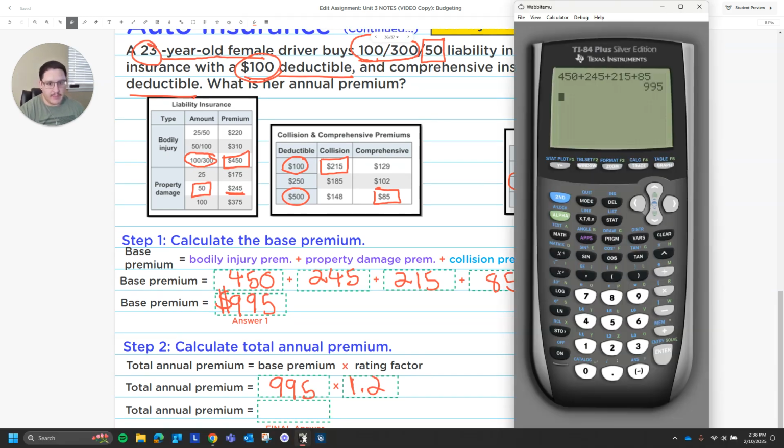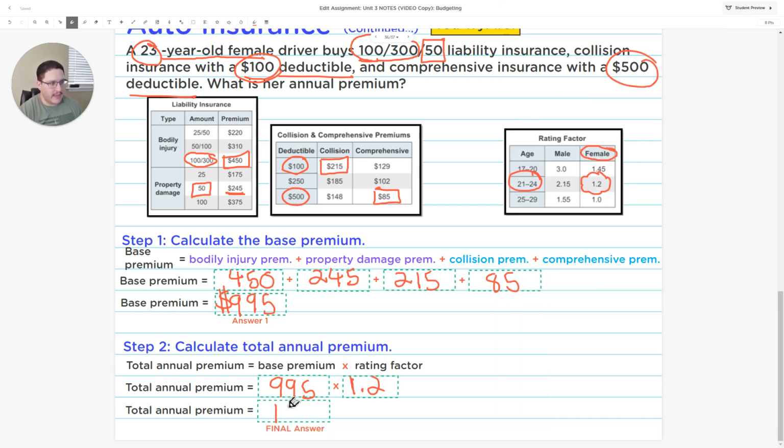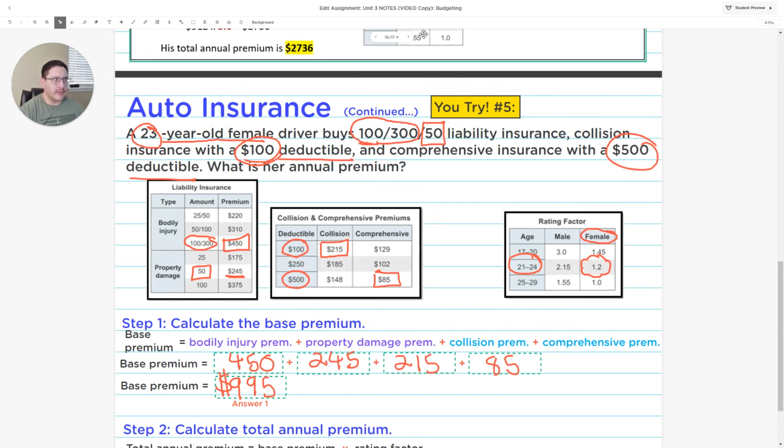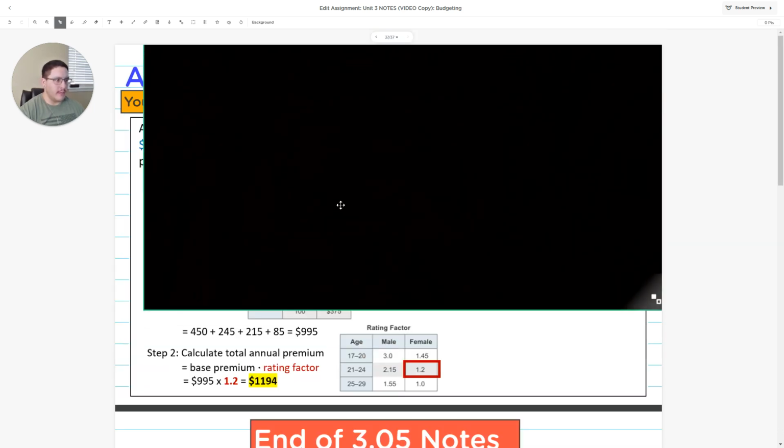So 995 times 1.2, which is $1,194. And that's our total annual premium. $1,194. That is the final answer for you try number 5.